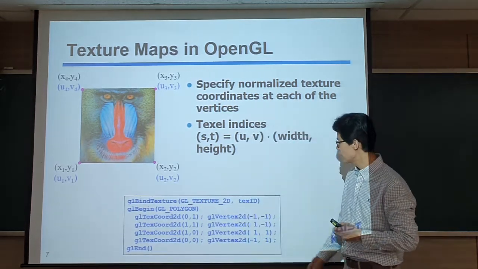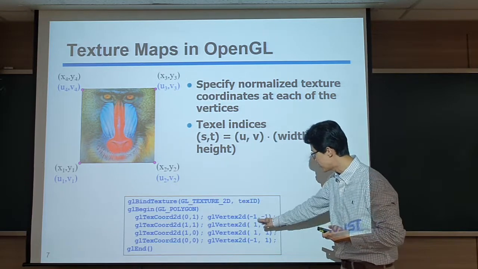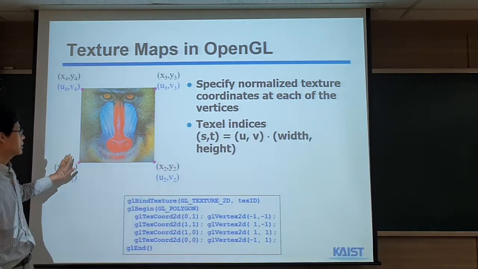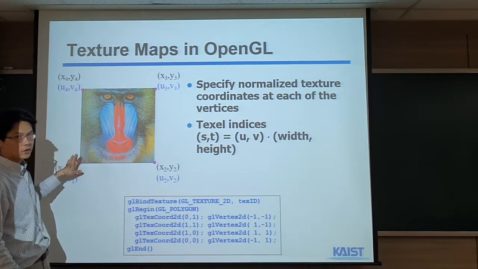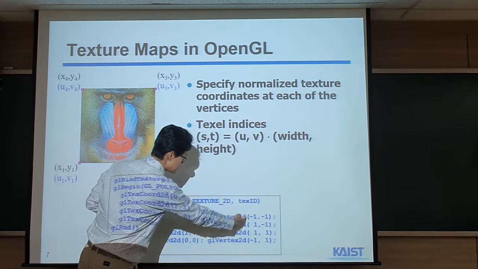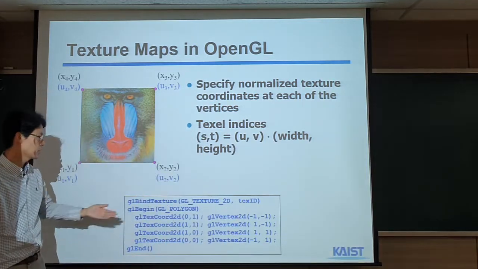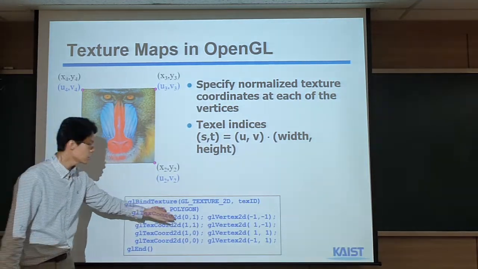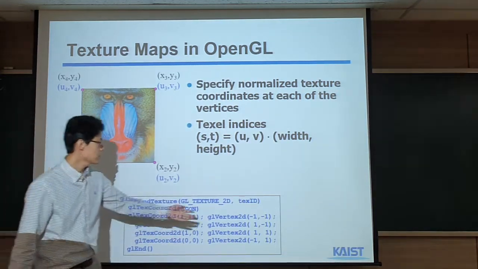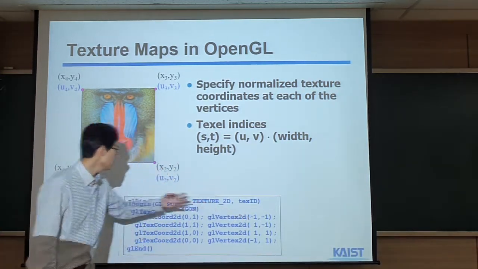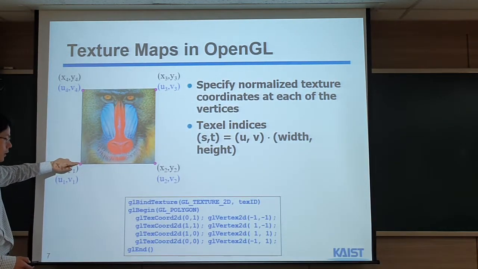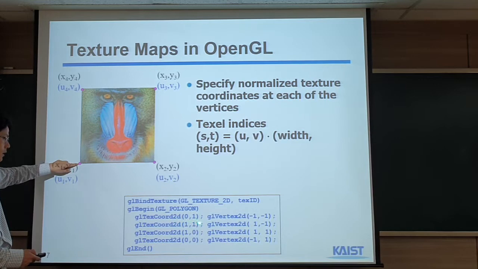As usual, we use glVertex here, -1, -1. You can say that these four vertices are specifying four different vertices. As you can see, in front of specifying each vertex, there are texture coordinates, like 0, 1, 1, 1, and so on. For example, for this one, -1, -1, this should be here, and for this one I use the texture coordinate 0 and 1, and so on.